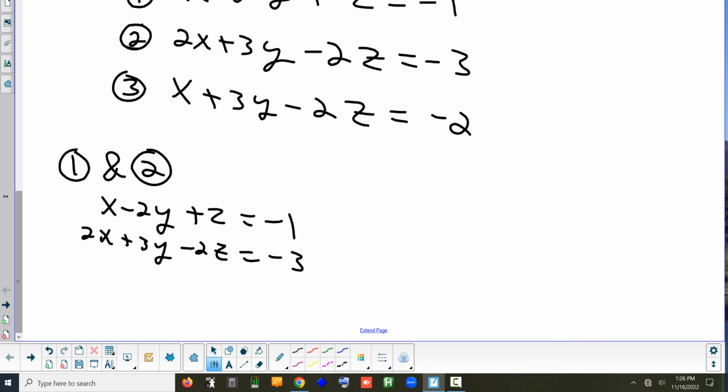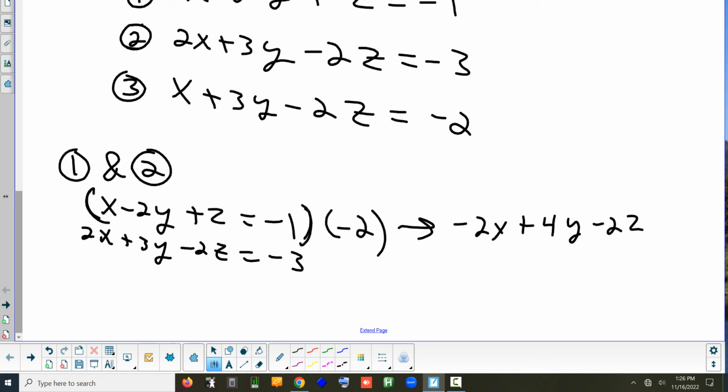You don't have to multiply by the bottom. Yep, -2. So let's multiply that whole thing by -2 and see what we get. So we get -2x plus 4y minus 2z equals -1. In the bottom, we're going to keep it the same.